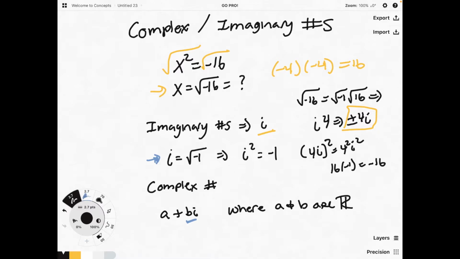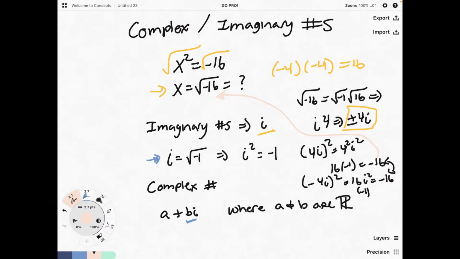Similarly, if we have a negative 4i, then what we do is take the square of that. Negative 4 squared is equal to 16. i squared is equal to negative 1, and therefore 16 times negative 1 is negative 16. And these are both exactly what we wanted to get for the value under the radical.